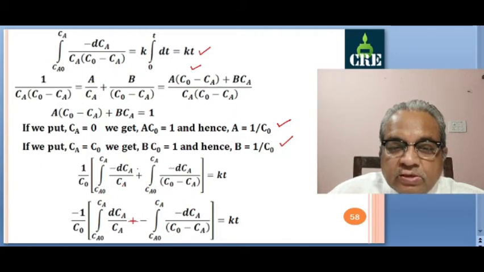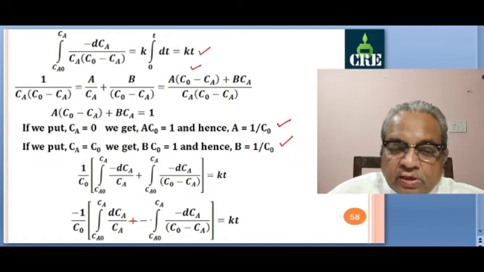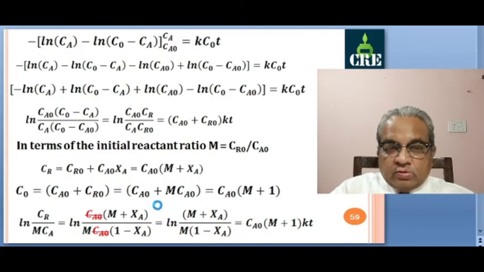And if I take out this minus sign, the second term becomes dCA by C0 minus CA. I want a minus sign here because C0 minus CA is in the denominator, so the derivative of the denominator is minus 1. So I changed the plus sign to minus, having taken one minus sign common. Okay, so we solve it.